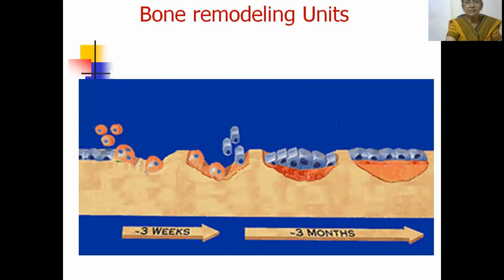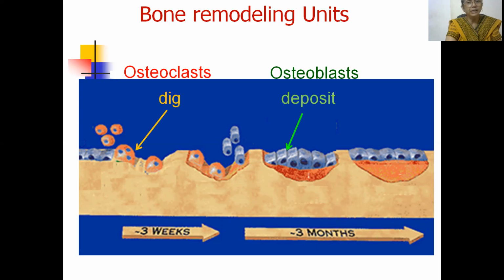And the two important cells which are involved in this digging and filling up are osteoclasts and osteoblasts. Osteoclasts will dig the pits and osteoblasts will deposit in this dug up pit. The osteoclasts dig up and engulf all the dug up material so that a clear pit is made available to osteoblasts for first depositing the matrix proteins and then mineralizing it to get the formation of new bone.